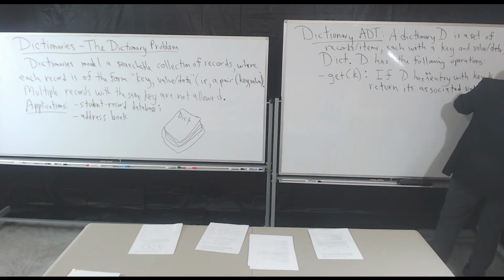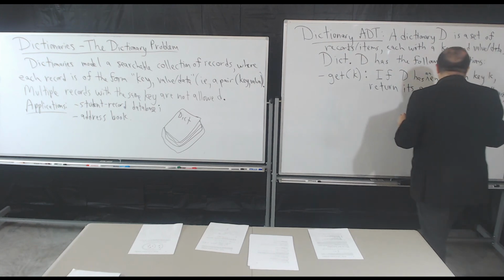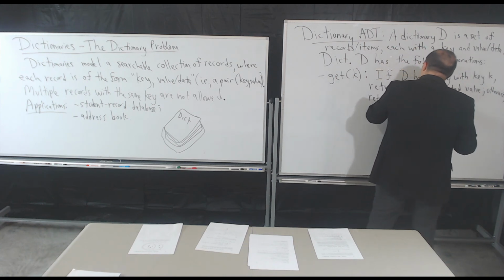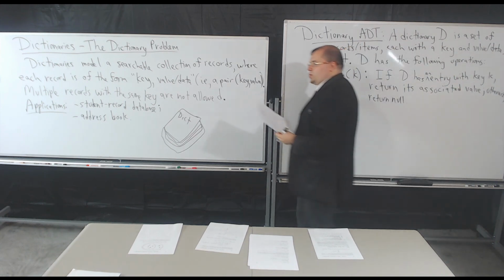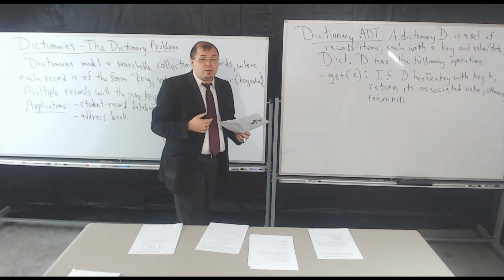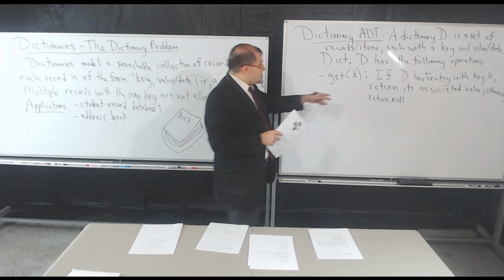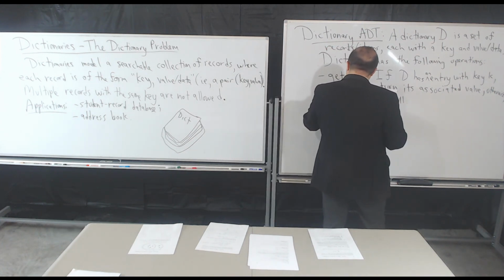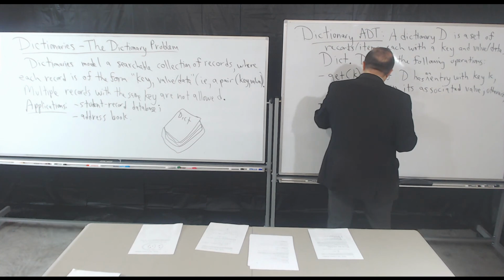Otherwise, return null. So I query a key with a key. You return back to me the value that's stored at that record. If it doesn't exist, you just return null. Seems pretty intuitive. Put, you give me a key and a value.